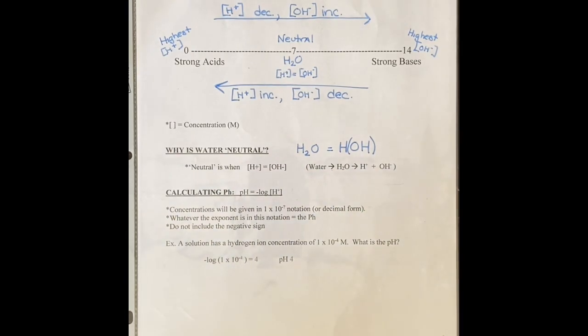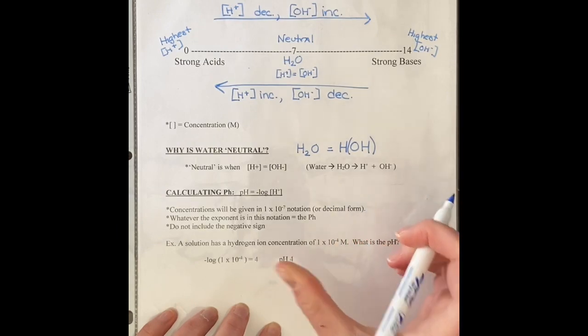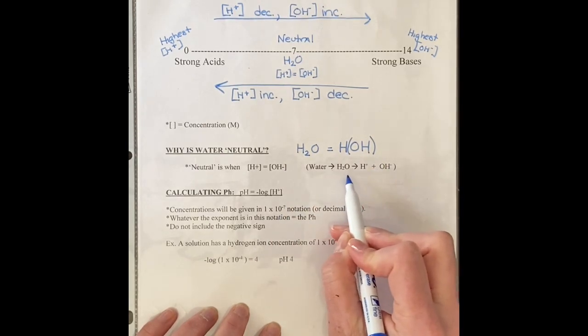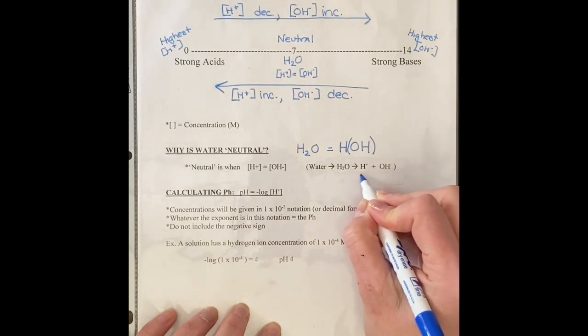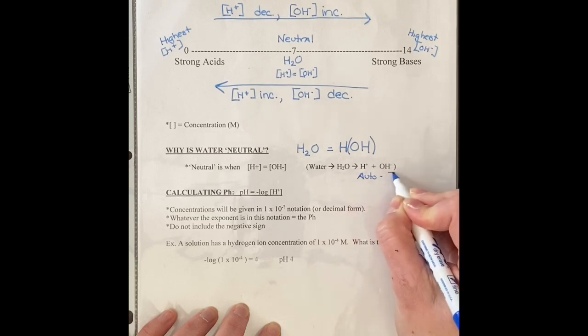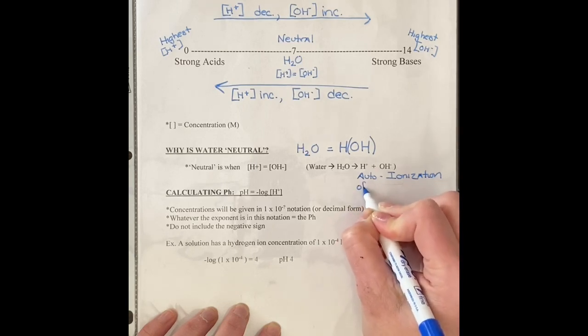If you remember from ionic formulas, once you put them together, those charges aren't written in the final formula anymore because they've canceled each other out. If you have just a glass of pure water, the water is constantly breaking apart and coming together again. You're going to have H+ and OH- floating around separately, in addition to all the H2O molecules in that water. This breaking apart we call the autoionization of water.